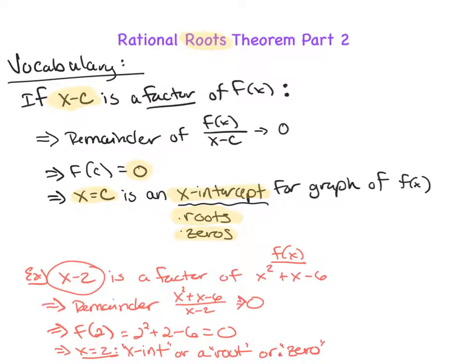Okay, let's talk about the rational roots theorem. So the rational roots theorem says this. If you have a polynomial, so let me do a polynomial like this one. Say you have the polynomial f of x equals x cubed minus x squared minus 17x minus 15.